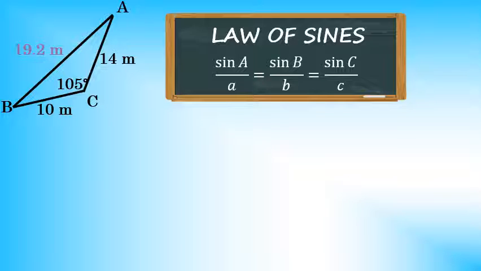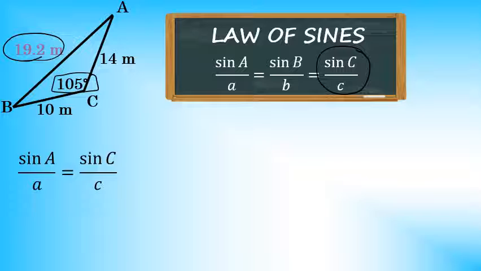The law of sines says that the sine of angle A over side A is equal to the sine of angle B over side B, which is also equal to the sine of angle C over side C. In this problem, now that I know side C and I was given angle C, I can use the law of sines with the sine of angle C over side C ratio, and set that equal to the sine of angle A over side A.